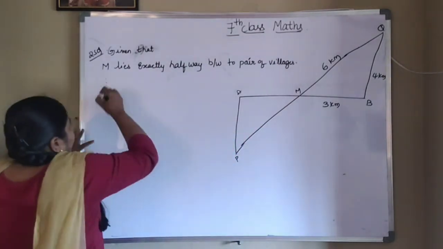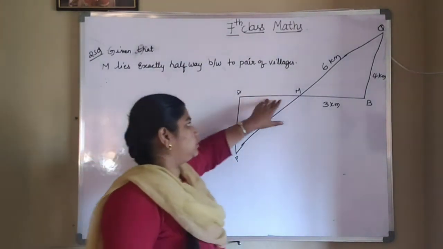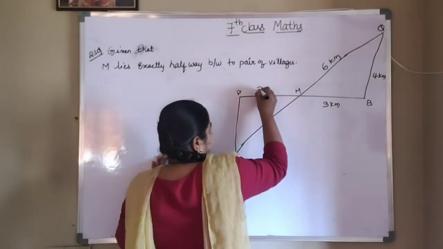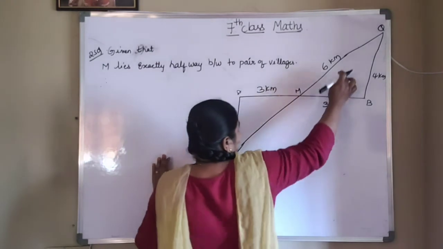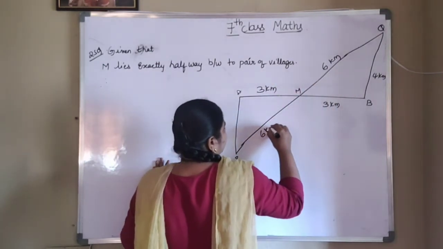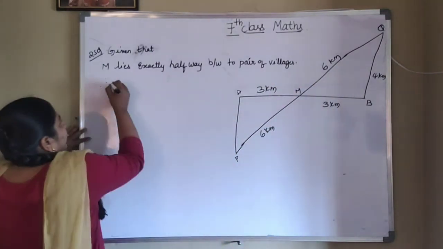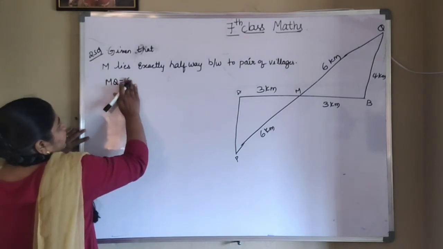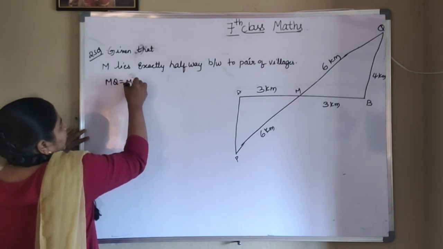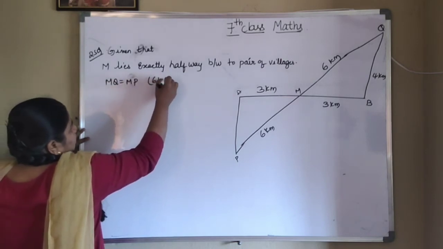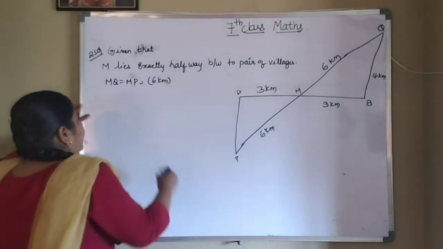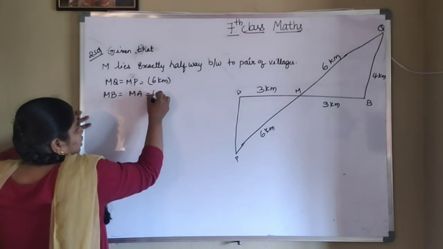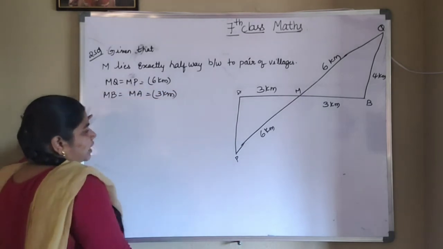Therefore, you can write, halfway is nothing but these two distances will be the same and these two distances will be the same. So if it is 3, this will also be equal to 3. If it is 6, here also it will be 6. So you can write here MQ is equal to MP, that is 6 kilometers, and you can write MB is equal to MA, that is 3 kilometers, because it is lying exactly halfway.